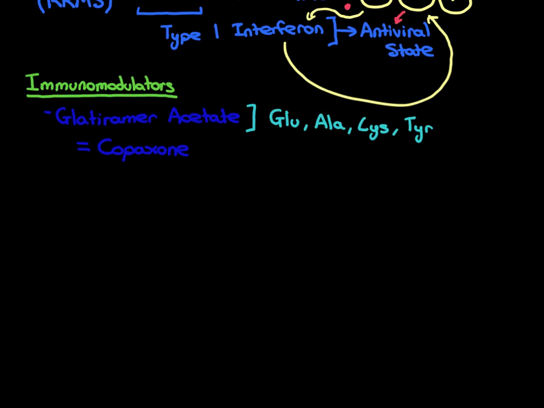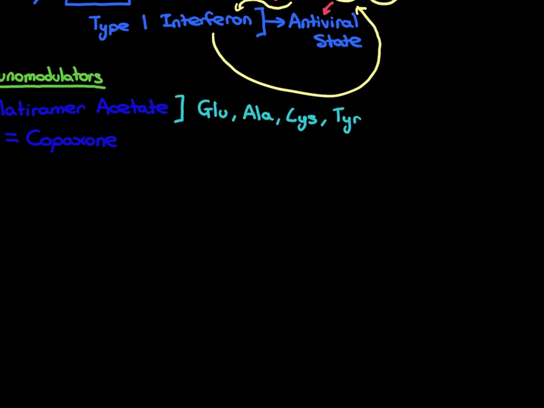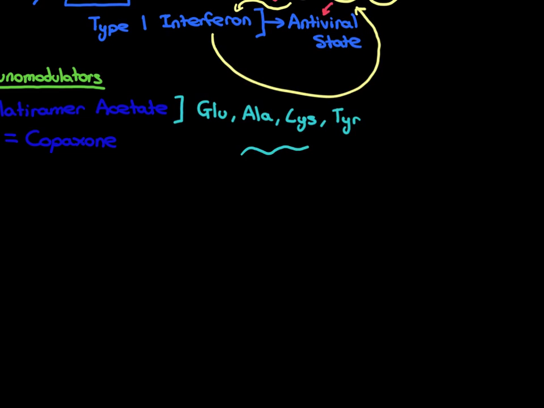I'm just going to actually show you the structure of these amino acids just to remind you, so that you've got a better idea of what glatiramer acetate is actually consisting of. So, let me firstly remind you of the basic structure of an amino acid within a polypeptide. So, if this line here represents a polypeptide, let's take a single amino acid out of that polypeptide and draw it over here.